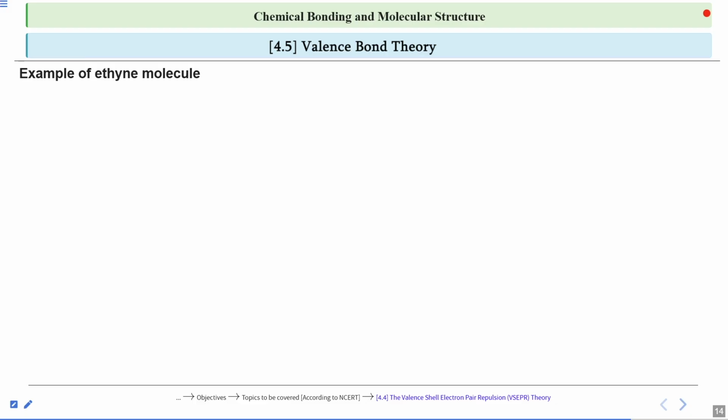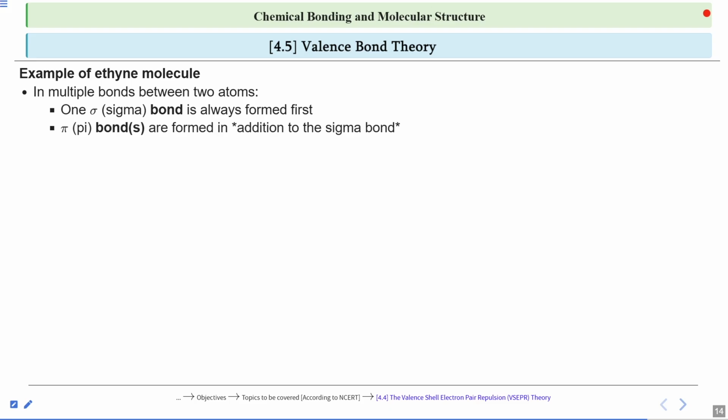Now let us take the example of the ethyne molecule to see which bonds are sigma and which bonds are pi. It is generally seen that between two atoms, one sigma bond is always formed first. Whenever a multiple bond is formed, the first bond is sigma, whereas the rest of the bonds are pi.